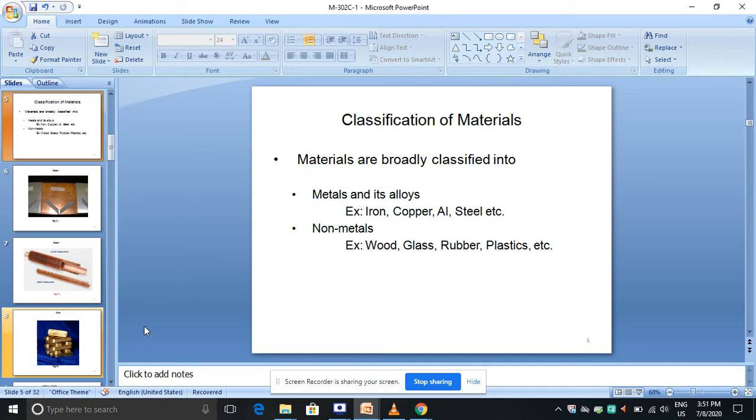Now, materials are broadly classified into two types.